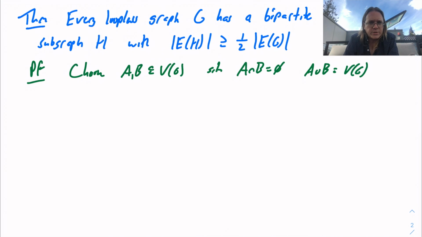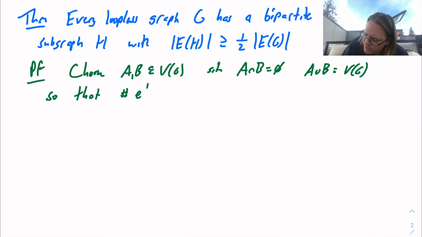But what I want to do subject to that is maximize the number of edges with one end in A and one end in B, so that the number of edges, I'll just say A to B, is maximum.